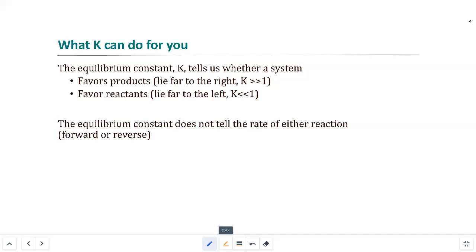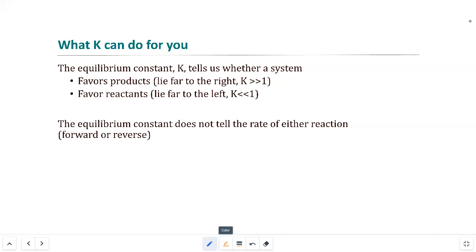What the constant can't do, however, and we've got to make sure that we have this straight, this is a departure from kinetics. The equilibrium constant, capital K, can't tell us the rate of reaction. Again, it's not concerned with the rate of reaction.